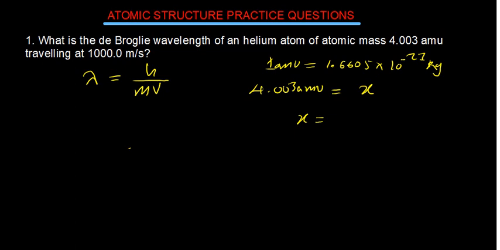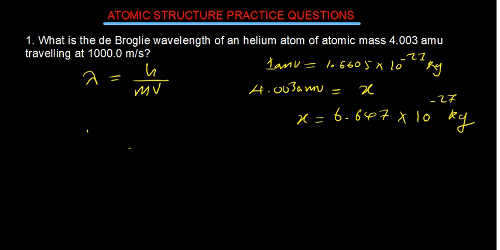That would be 1.6605 times 10 to the power negative 27 multiplied by our 4.003. So that is giving us 6.647 times 10 to the power negative 27 kg. So that is the value in kgs.